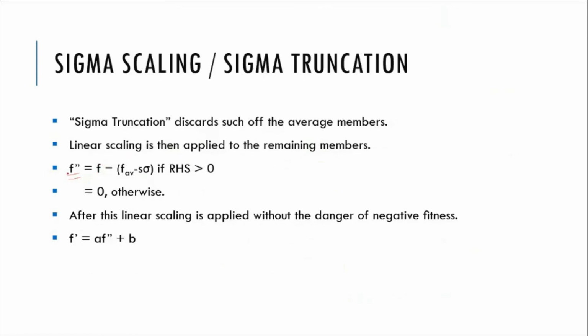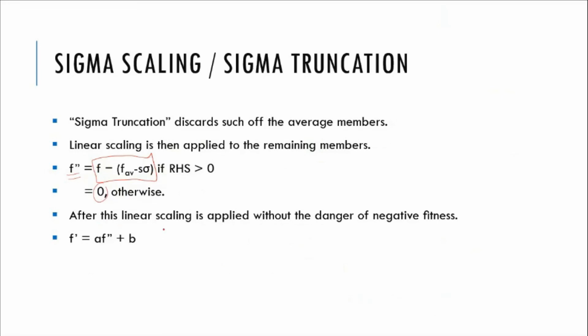That value is taken as F double dash. If this value is greater than 0, that is positive, then we take it as the value itself. Otherwise, we take it as 0.